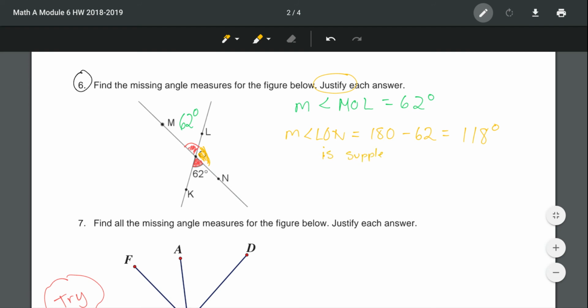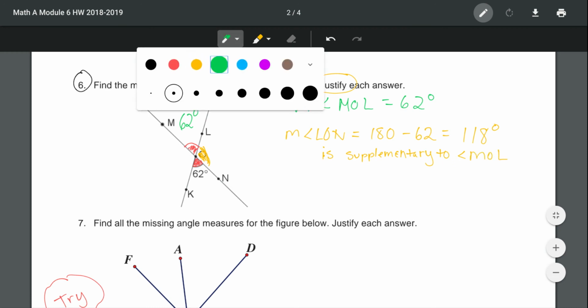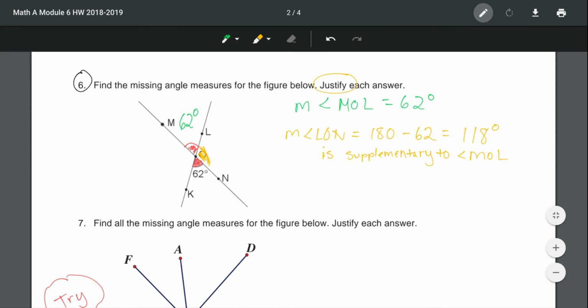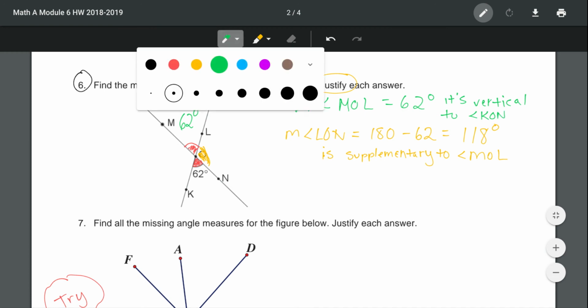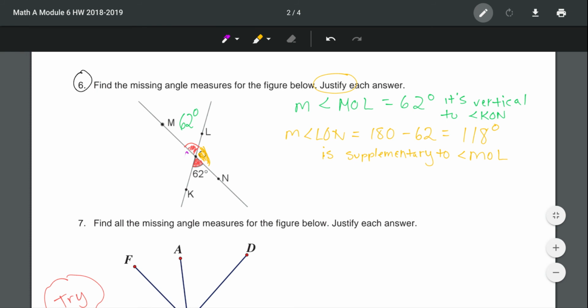supplementary to angle MOL. And prior to that, I forgot to write down that MOL was 62 degrees, and that's because it's vertical to angle KON. Okay, now we need to figure out the measure of MOK.